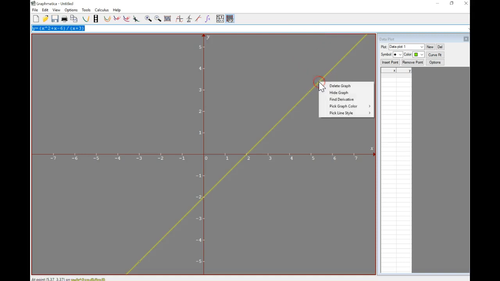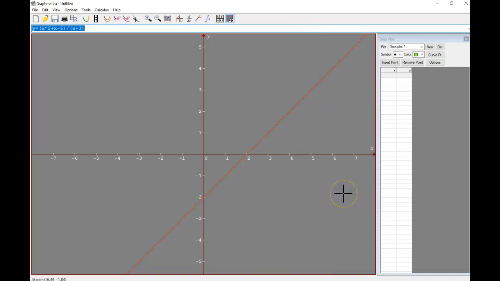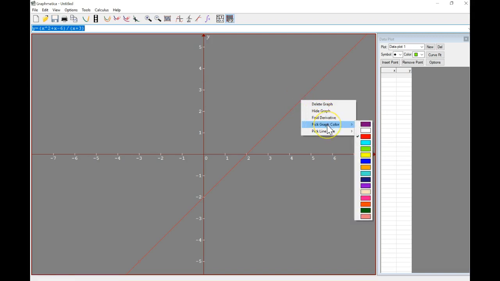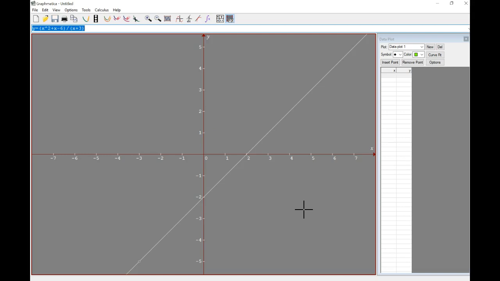I need to pick a different color here, I think. Is that a little easier to see? You liked it better before? White? Okay. Okay, is this continuous? Look carefully.